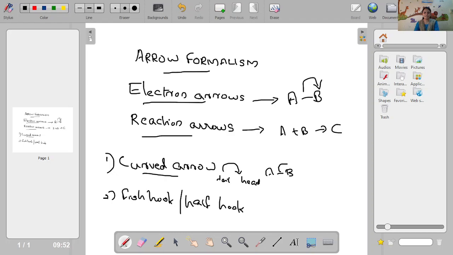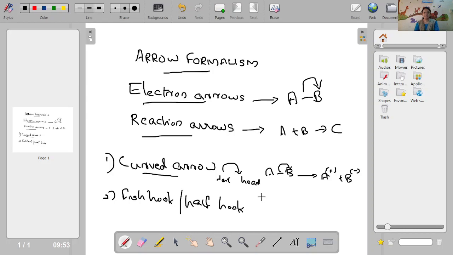If I am representing this curved arrow, what is the meaning? The curved arrow means that these two electrons are located on B. That means as a result you will have A plus and B minus. We will discuss this under heterolytic cleavage, but now, curved arrow represents transfer of two electrons.